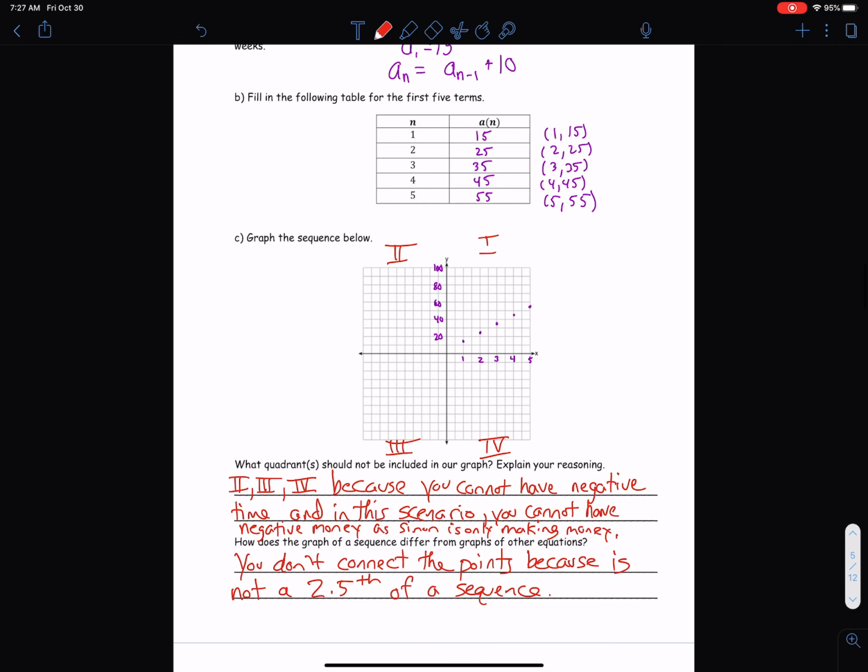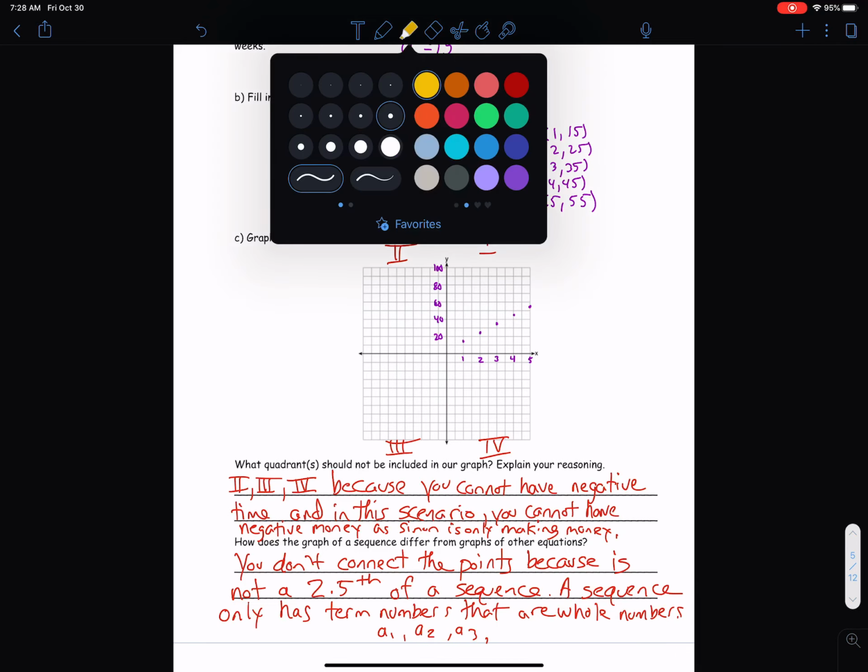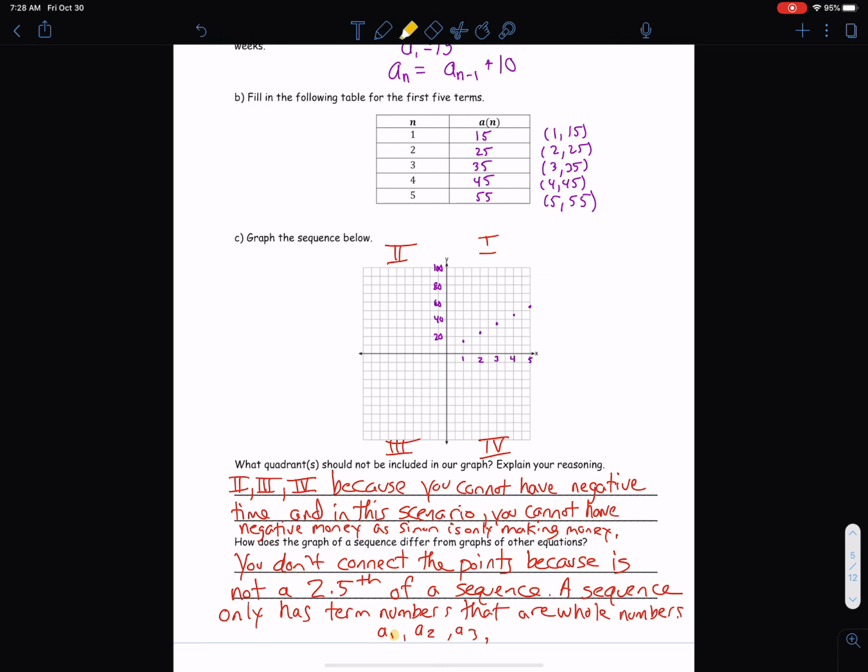You could also say a sequence only has term numbers that are whole numbers. Think like A of 1, A of 2, A of 3, and we can keep on going. Those term numbers are all whole numbers.